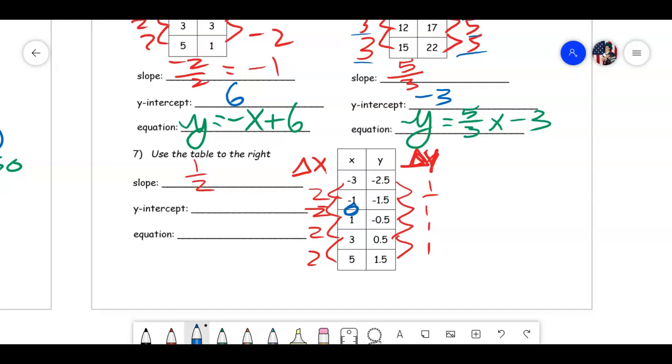Negative 1. Not 1, negative 1, right? So negative 1 goes here. That's my y-intercept. Negatives matter, right? So yes, y equals just 1/2 x and then minus 1.